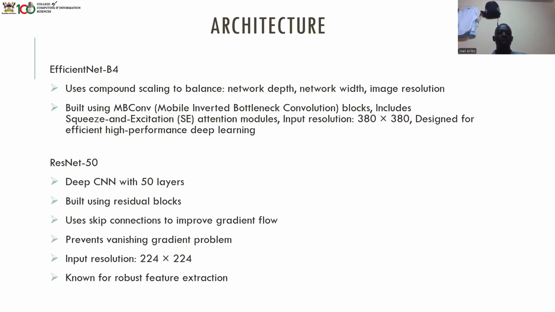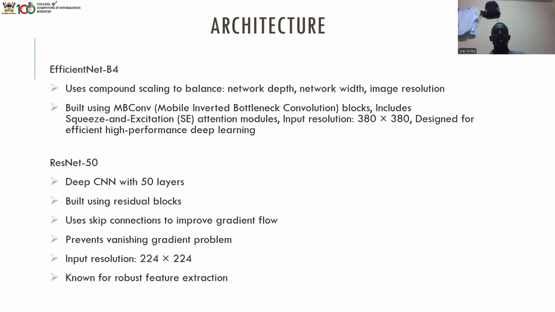Then the architecture. The first one is EfficientNet B4, which uses compound scaling to balance network depth, network width, and image resolution.